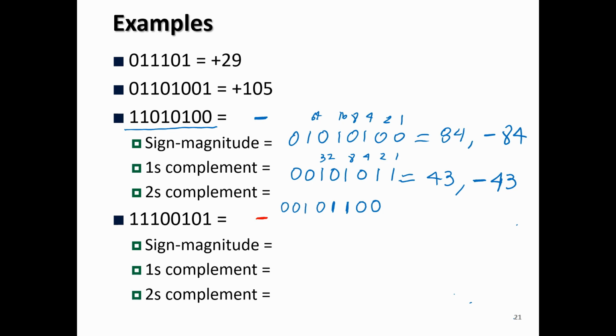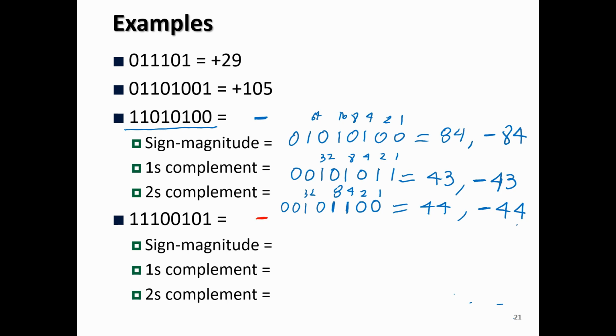Okay, and then we also convert to decimal. 1, 2, 4, 8, 16, 32. So you can see that number is what? 32 plus 8, that's 40, and a 44. So we have a 44, and remember we had a negative number, so negative 44.